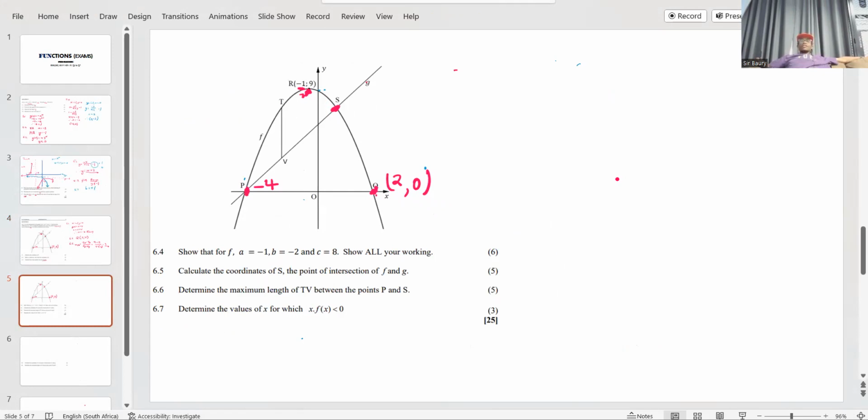Show all your workings. Here we have coordinates, right? We just want the formula now. I know with the parabola, y is equal to ax squared plus bx plus c. That's what I've been given, right? So what I do, I want to write all the formulas of a parabola. You need to know this.